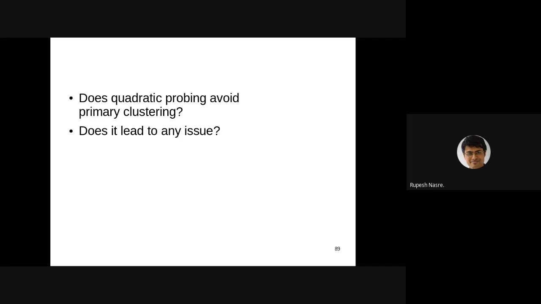Now let's say Sai Charan also hashes to bucket 51. Since Mrityunjay has occupied it, Sai Charan needs another index. The number of conflicts is 1, so I look at hash of Sai Charan, 51, plus 1, which is 52. If that is also conflicted, then I look at 53, 54, and so on. That is linear probing.